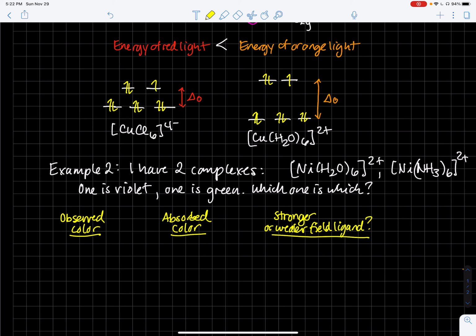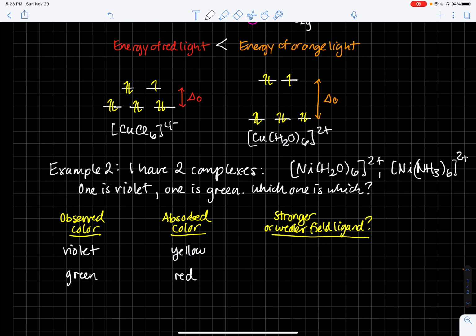All right, so my observed colors, I have violet and I have green. Violet, opposite the color wheel, is yellow. Green, we already said above, opposite the color wheel, is red.